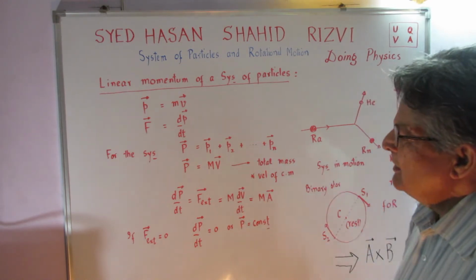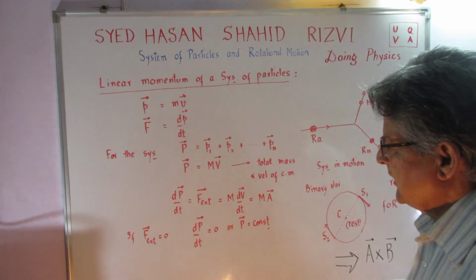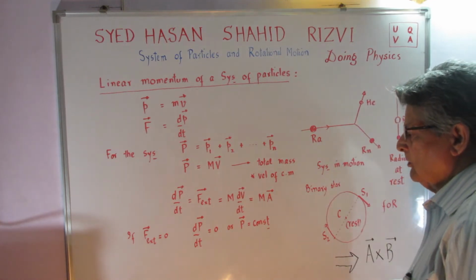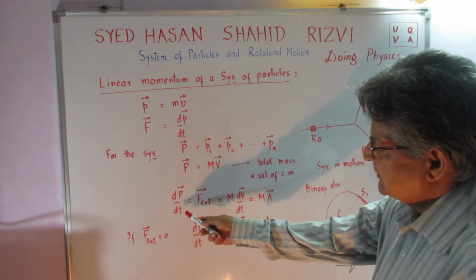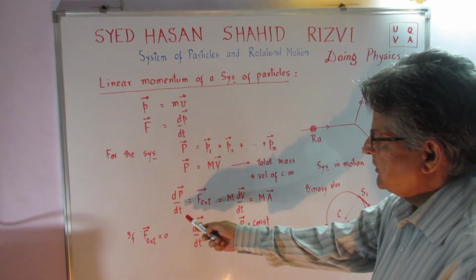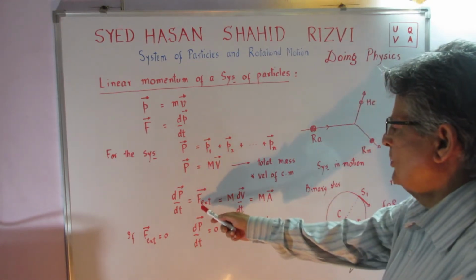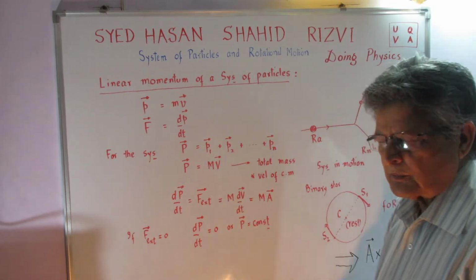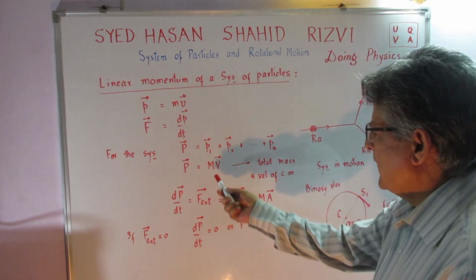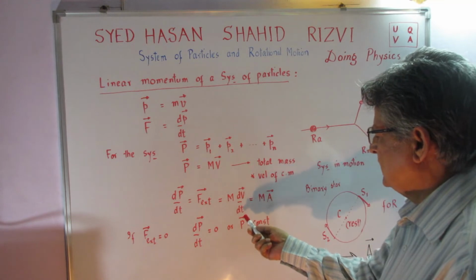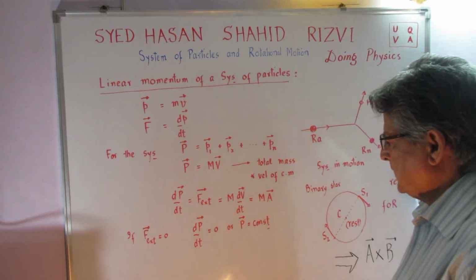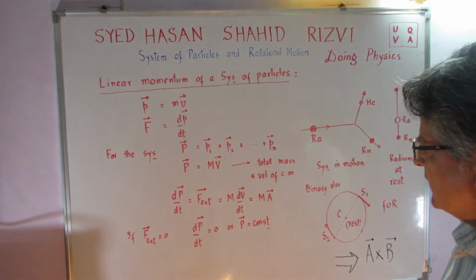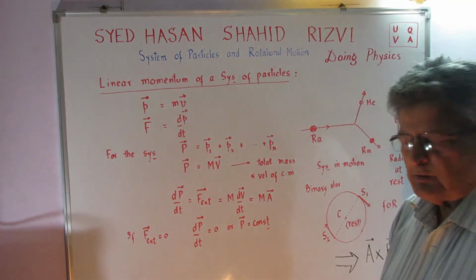Now it's very simple. What we do next, in keeping with what we have been doing in dynamics, is that the rate of change of this momentum is equal to F external, or if I apply here, m is constant, so this becomes m dv/dt, which is equal to m into capital A, where capital A is the acceleration of the center of mass of the system.